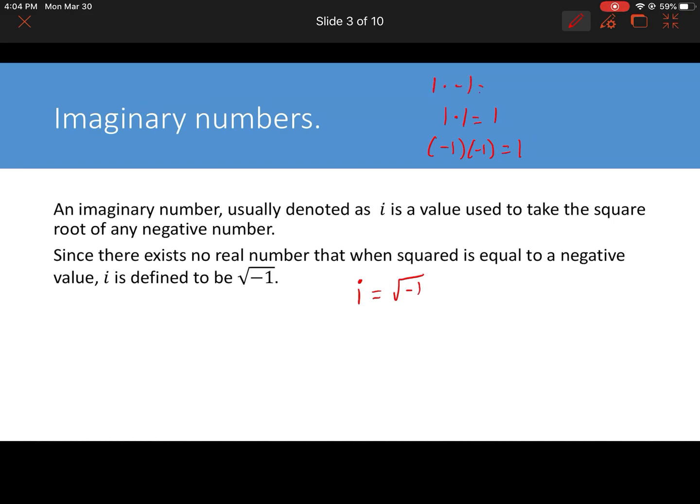It's true that 1 times -1 equals -1, but these are not the same numbers. Therefore, -1 just doesn't have a square root. Mathematicians sort of needed these solutions to be there, so they ended up making a system of imaginary numbers.